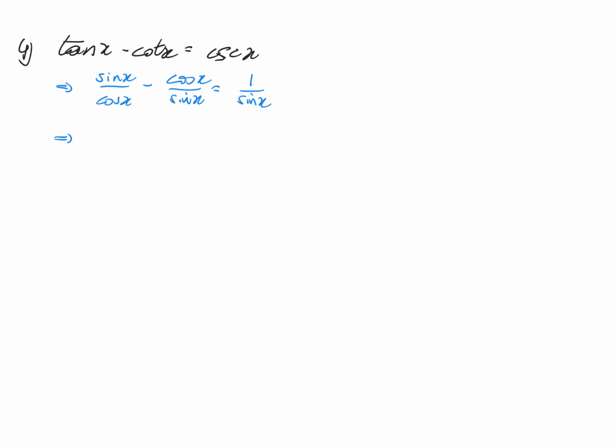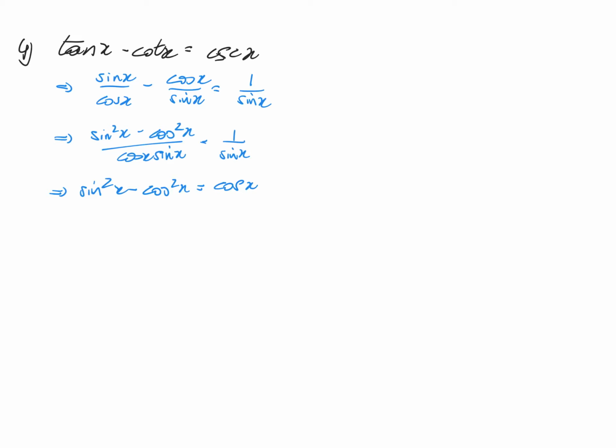So putting everything on the same denominator on the left hand side, you get sine squared of x minus cosine squared of x divided by cosine x sine x equal to 1 divided by sine x, or sine squared of x minus cosine squared of x equal to cosine of x.